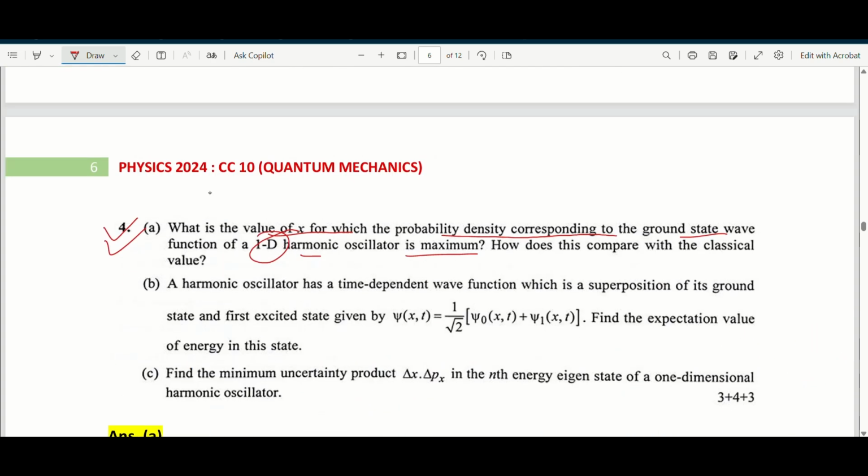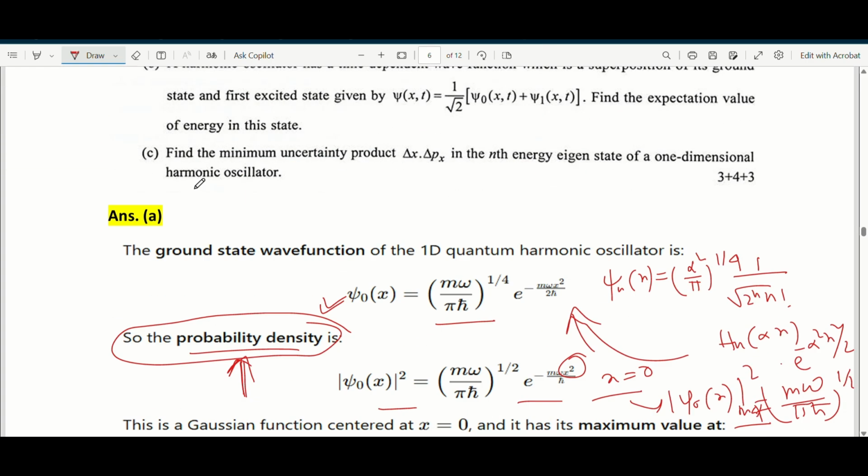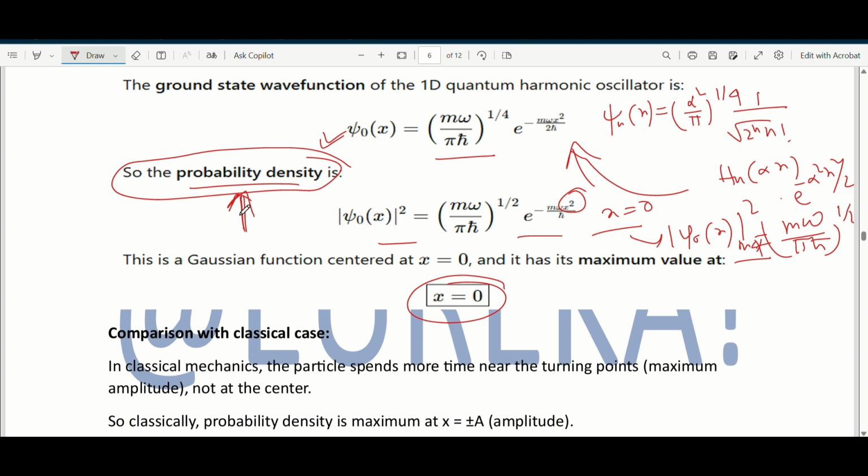So for the ground state of the oscillator, the probability density is nothing but psi star psi, and it will be maximum at x equals to 0, that is, at the origin if we draw the potential for the harmonic oscillator. For the quantum oscillator, the probability density is maximum at the origin.